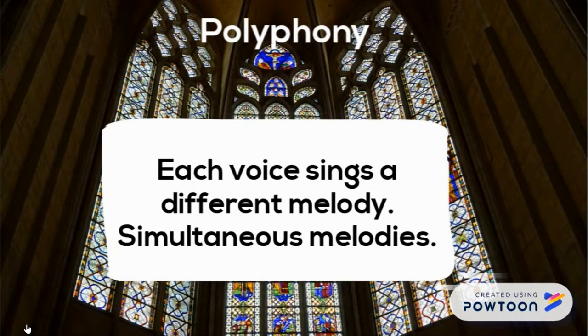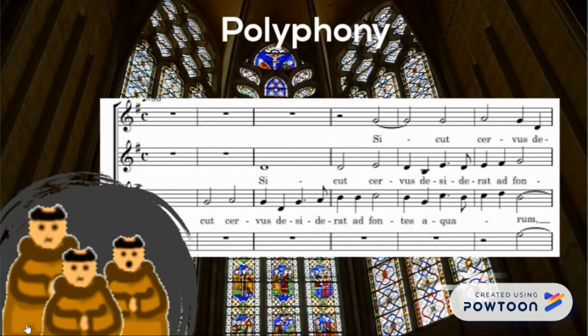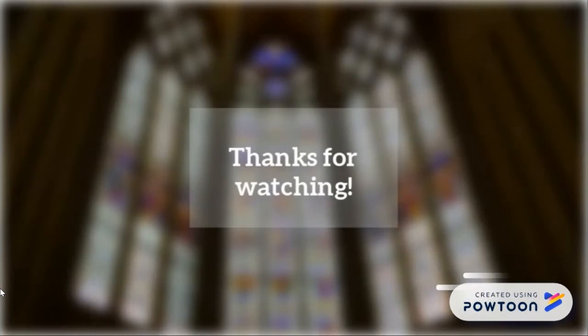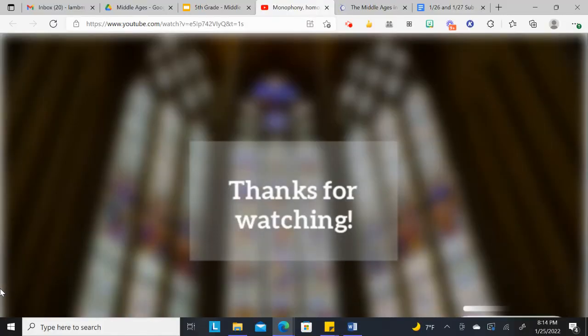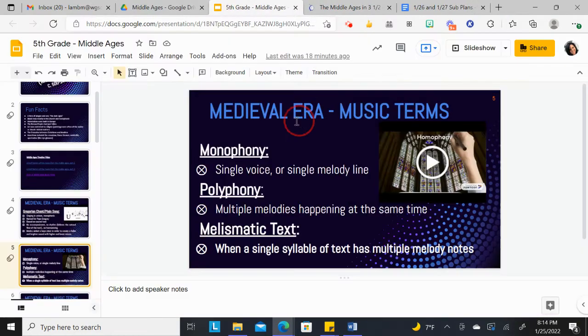Each voice sings a different melody, so there's simultaneous melodies going on. All right, so I hope that helped explain the difference between the different types of song that we hear from this time frame.